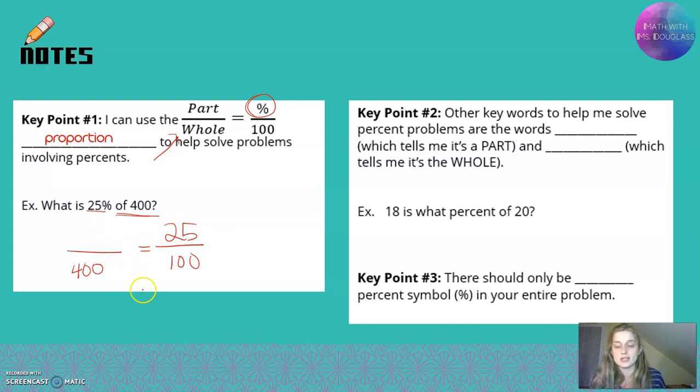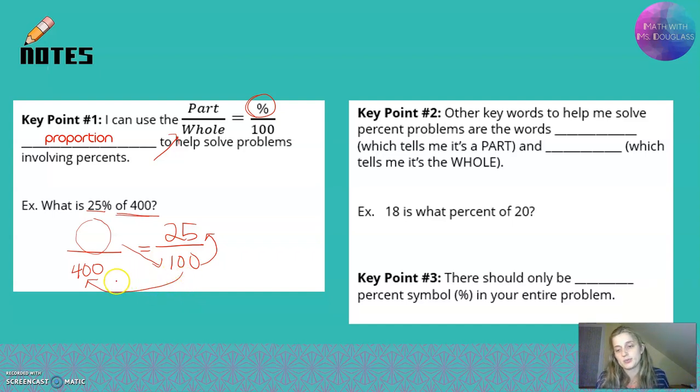I'm looking for a missing amount. Remember that when I see my empty space, I'm going to start diagonal from the empty space. So diagonal from that is 100. You can choose: do you see a relationship between 100 and 400 or between 100 and 25? There's technically relationships both ways, so you can choose whichever way you want.